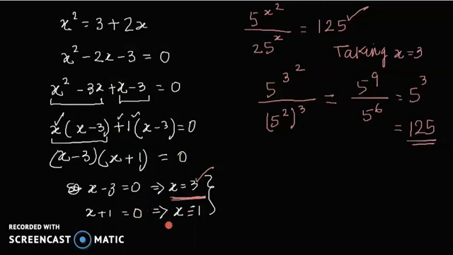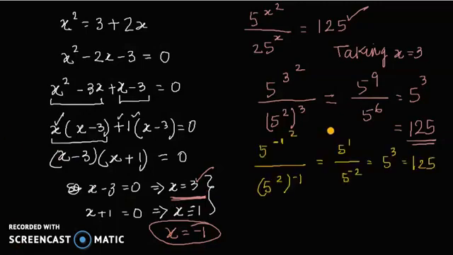Similarly, we can check our answer for x equal to -1 also, and we will see this is also a right answer. Let me check this also. Now taking x equal to -1, we can plug in the value -1, and 5 raised to power -1 raised to power 2.